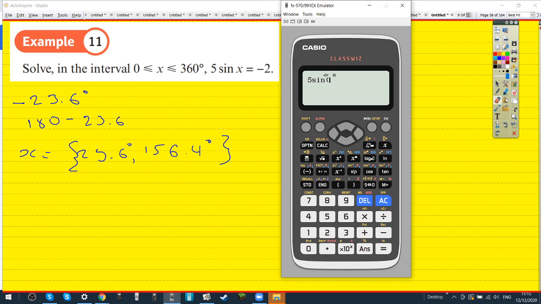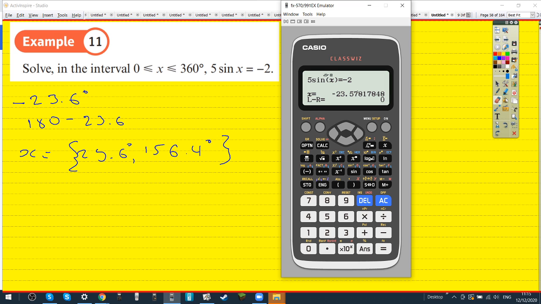So I'm in radians, that's the problem. Degrees. Shift solve.